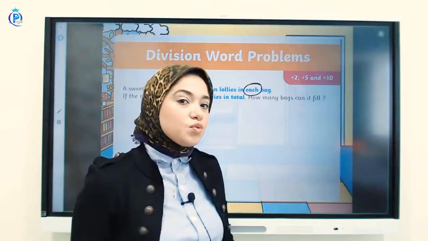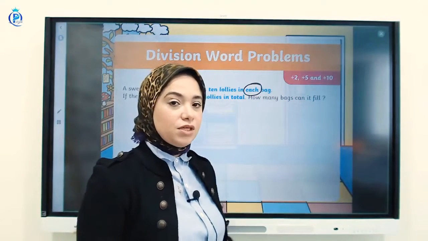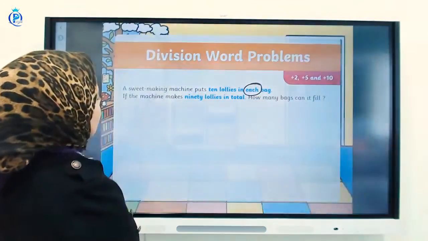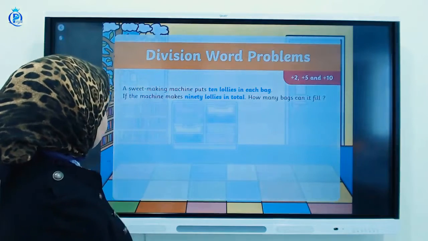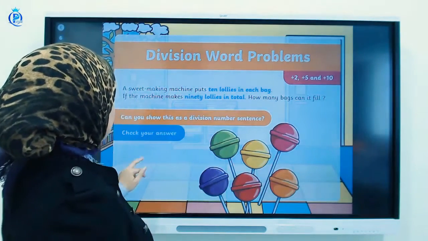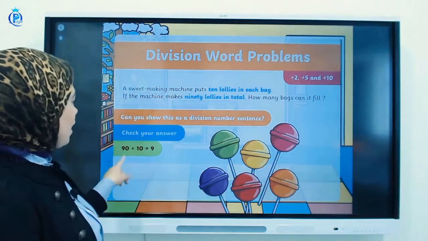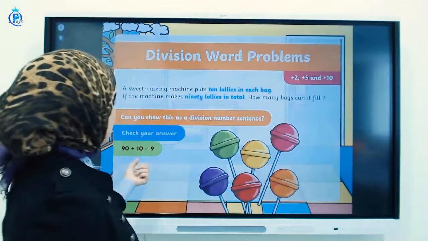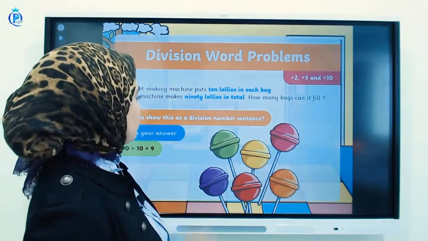Is it division or multiplication? Let's see. Can you show this as a division number sentence? 90 divided by 10 because he told me each. So it's 90 divided by 10.